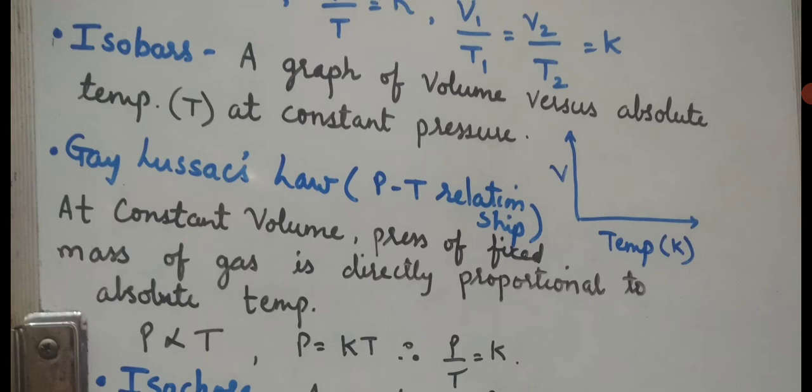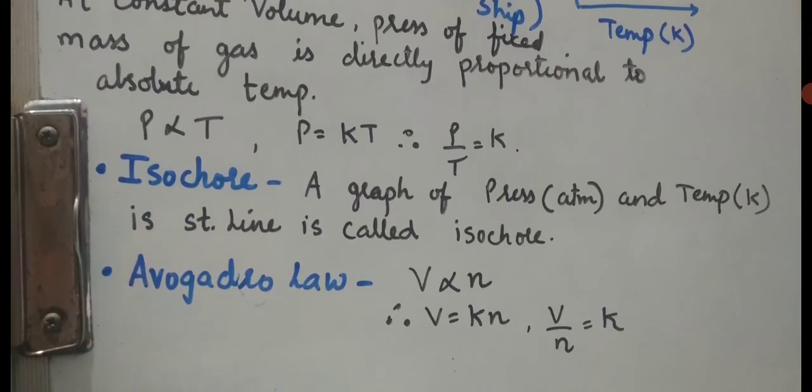Mathematically, P is proportional to T. To cancel the proportionality sign, P is equal to KT and therefore P upon T is equal to K.